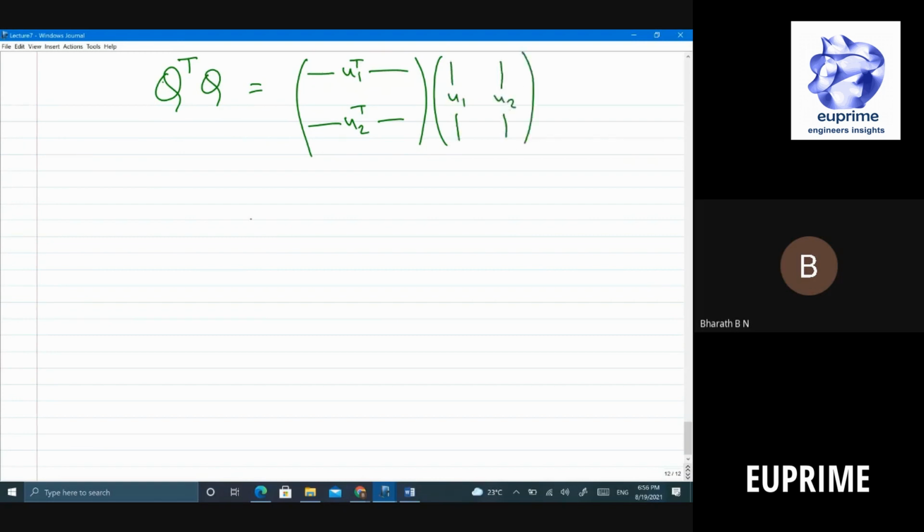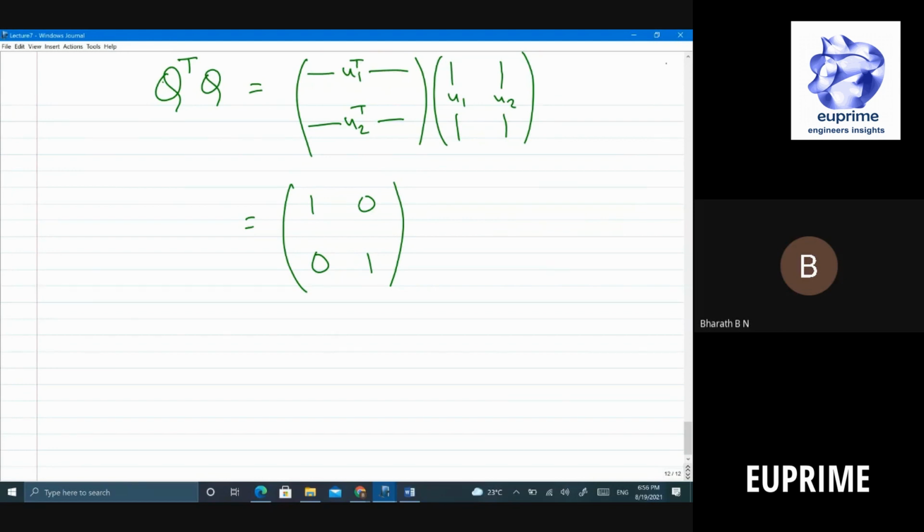This is what we get. So what is U1 transpose U1? 1. What is U1 transpose U2? 0. What is U2 transpose U1? 0. What is U2 transpose U2? 1. You get identity, right? So Q transpose Q is identity matrix. Okay, is that fine?